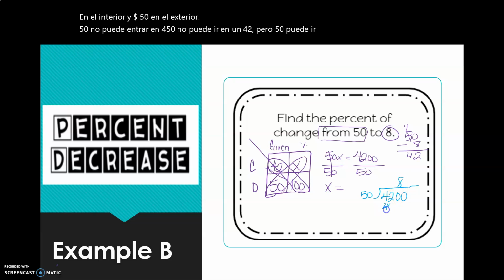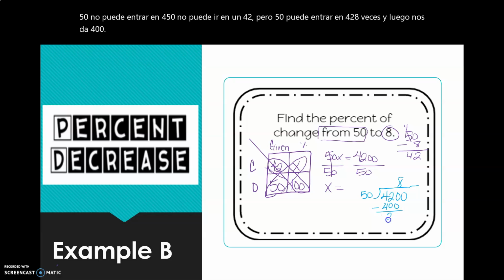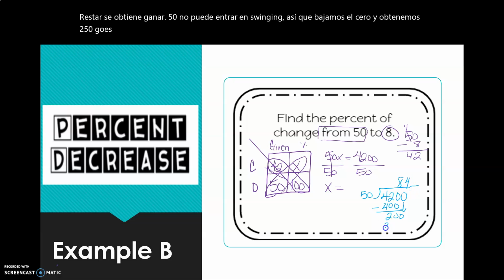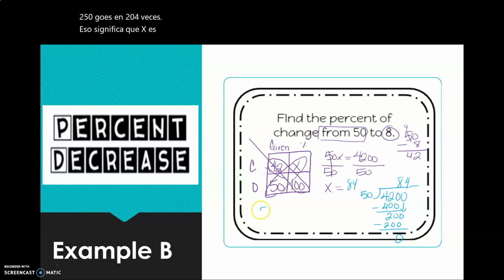And that gives us 400. Subtract and we get 20. 50 cannot go into 20, so we drop the 0 down and we get 200. 50 goes into 200 4 times. So that means X is equal to 84, which means there was an 84% decrease.